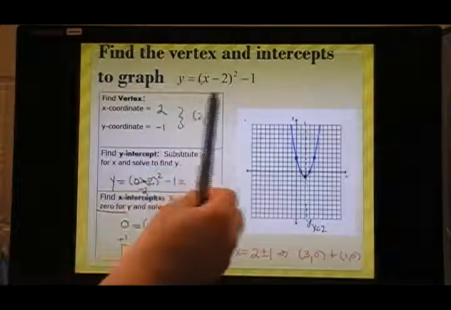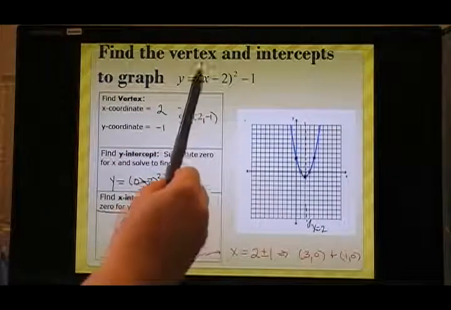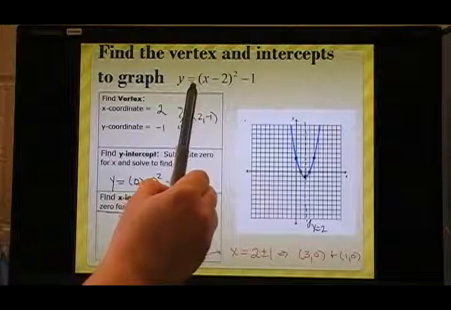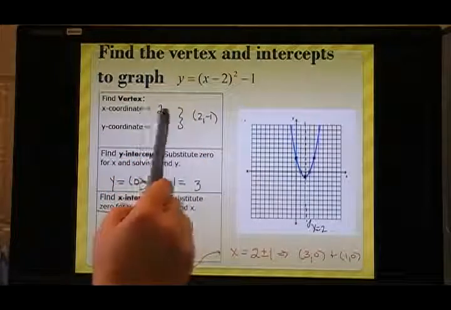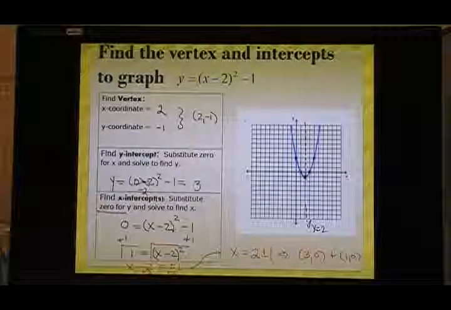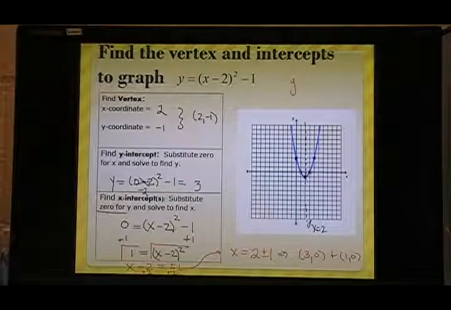So if you're given this form, just something to point out, if there is a number in front, it doesn't have any effect on the x-coordinate. So let's say I gave you y equals negative 3 times the quantity x minus 7, quantity squared, plus 2.